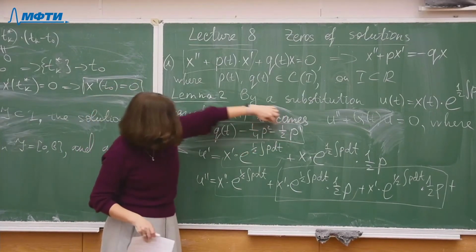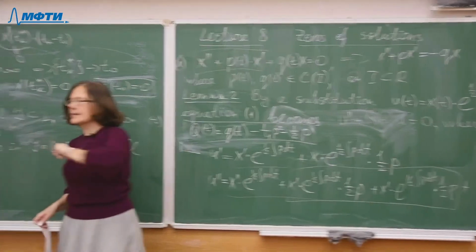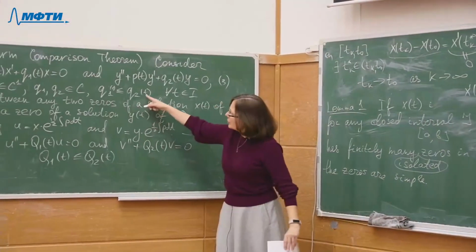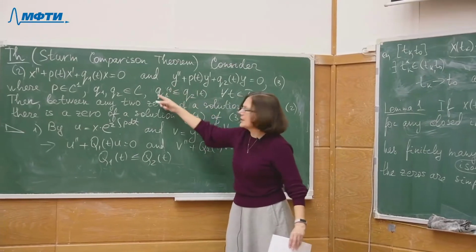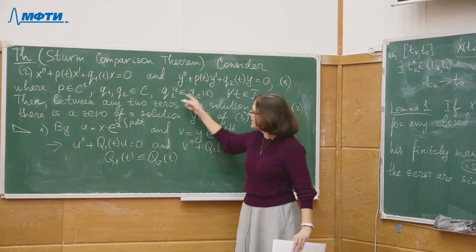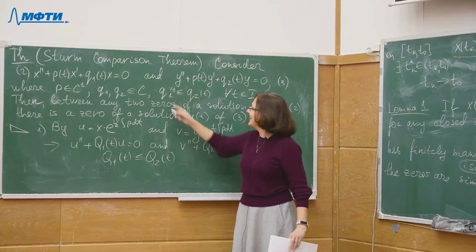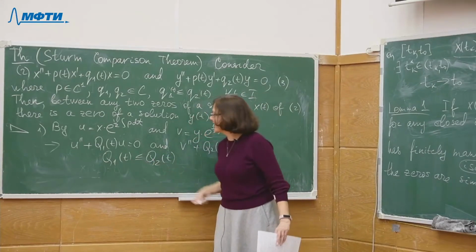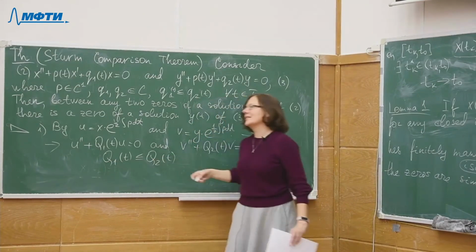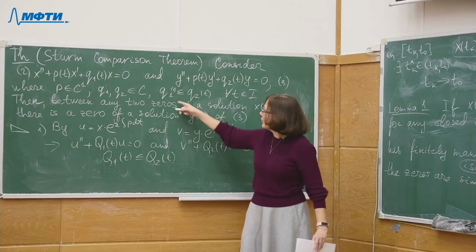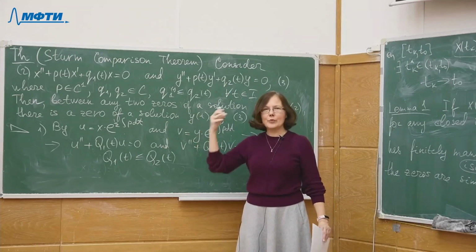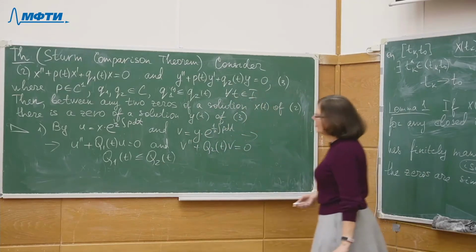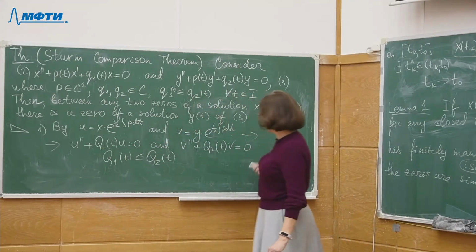So these two terms will be the same in both substitutions, and so if q1 of t is less than or equal to q2 of t, if this is true for functions small q1 and small q2, then it holds for q capital 1 and q capital 2, because we subtract the same two terms, 1/4 p squared minus 1/2 p prime. Well, and so in what follows, we will discuss these two equations.